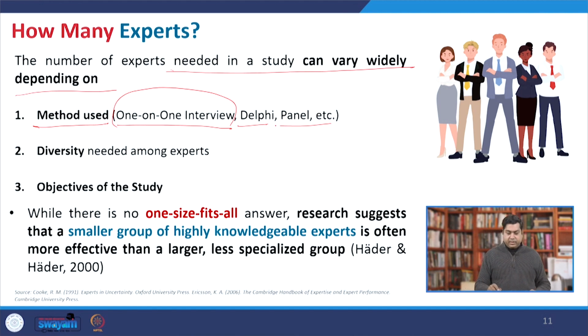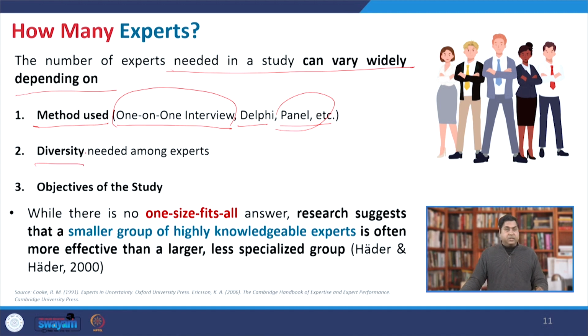Now, whenever it is a panel, to manage the experts and to bring a common consensus, definitely the number cannot be infinite or too big, but it all depends on the type of questions, the complexity of the questions and the research that you are going to do. So, for that you have to refer to the old literature and track what kind of sample sizes are acceptable, and then you can also do around that number.